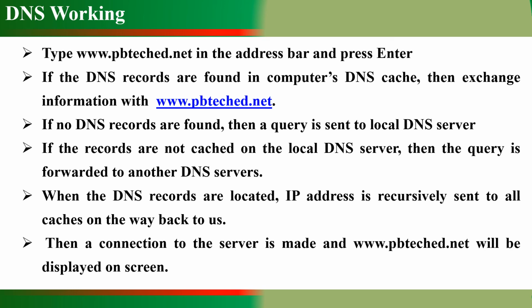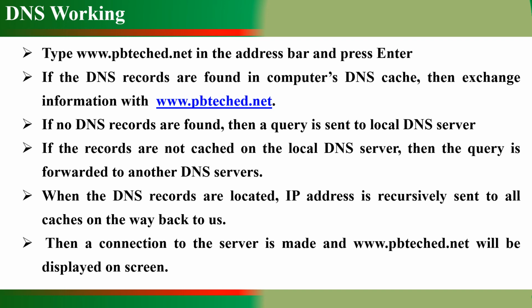As we know, the main function of DNS is to map a domain name into an IP address. So here we are going to discuss the working of DNS, how DNS works. When we type the address of a website in the address bar and press enter, the first step is to look up the IP address of that website.